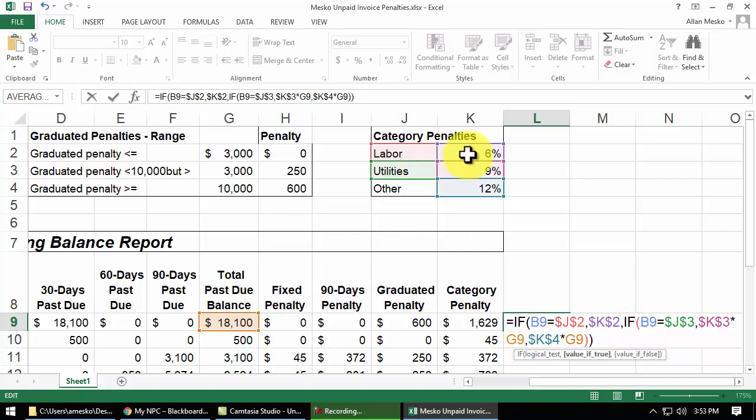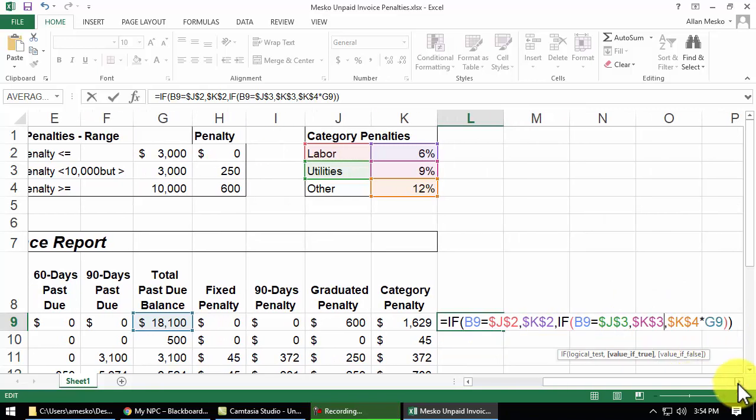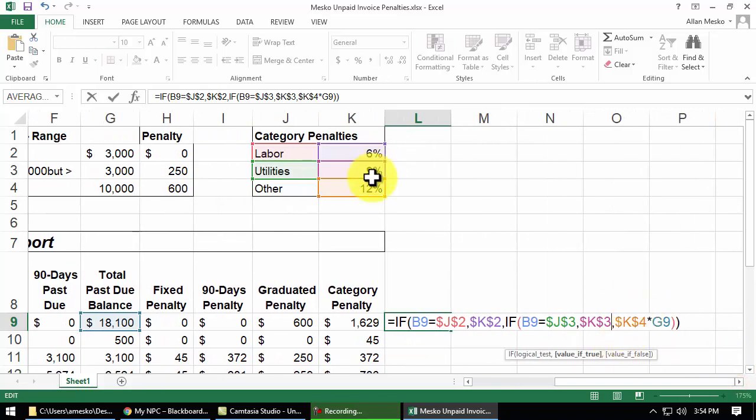I want that 6%. Otherwise, check to see if that thing is equal to utilities. If it's utilities, I want that 9% multiplier. And if it's not one of those, then I really just want that K4, that 12% multiplier.